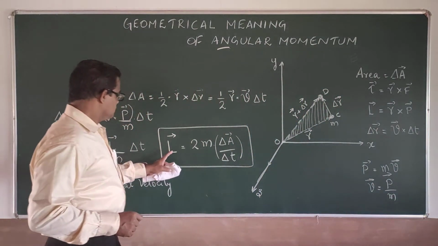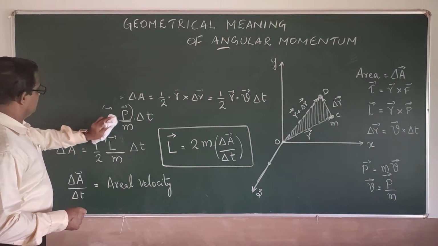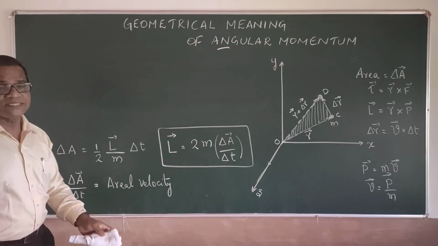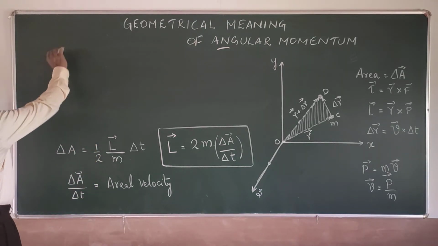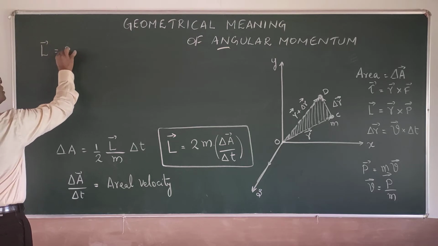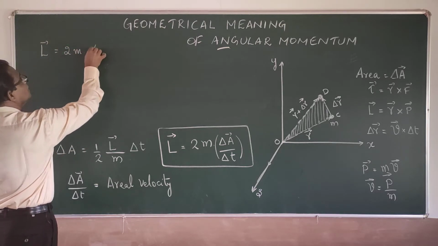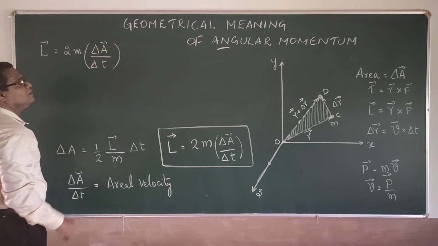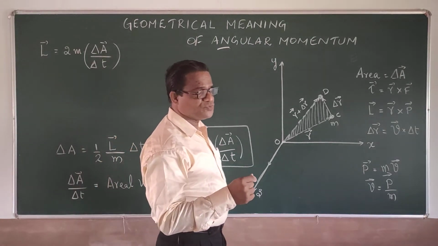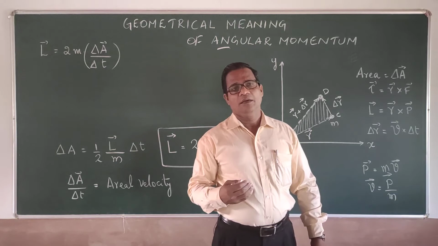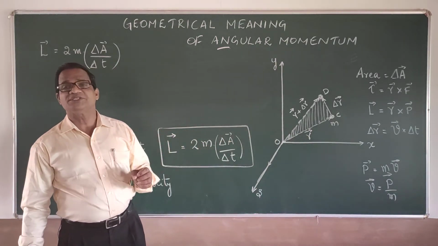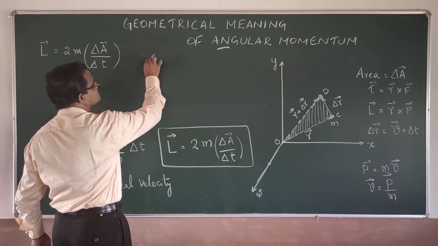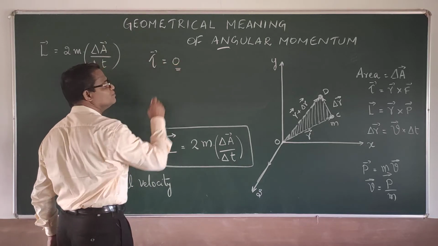So I can take this angular momentum equation, the geometrical meaning of angular momentum, to prove the second law of Kepler. As we know, angular momentum L equals 2 times mass into the areal velocity of the planet. Now, for the heavenly bodies moving around the sun, the angular momentum of the planet is conserved. That means the torque acting on the planet is 0.